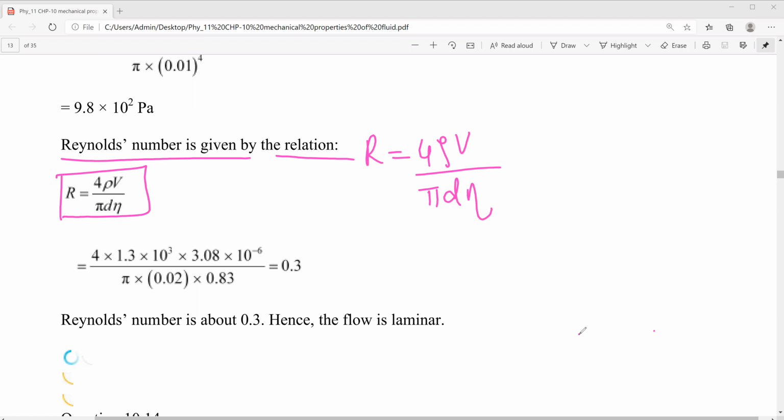So 4 is kept as it is, this is the value of rho and this is the value of V, pi is constant, d value is 0.02 and eta value is 0.83. By substituting, we got the R value as 0.3. By this formula we can identify the type of flow of liquid, so it is laminar flow.